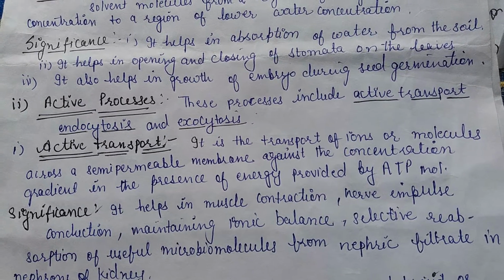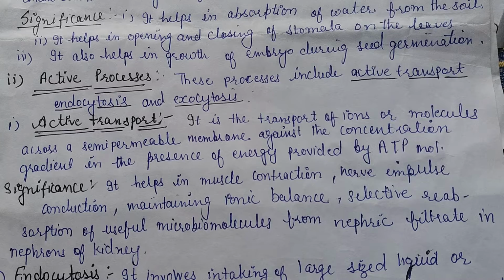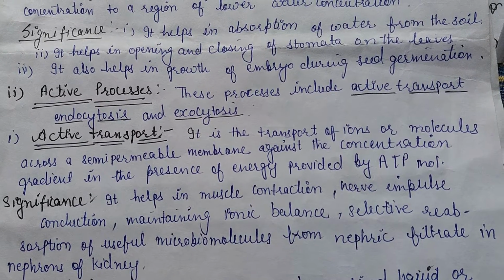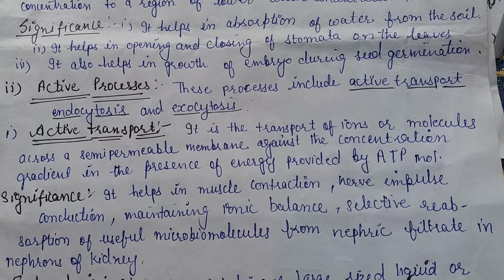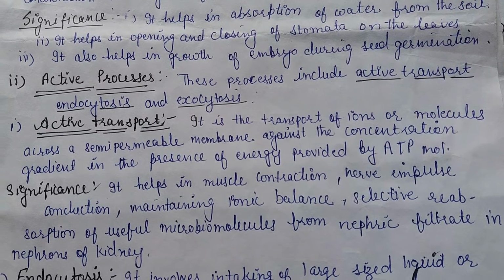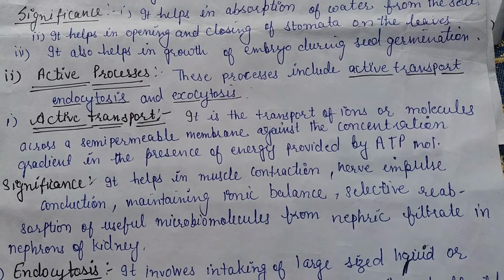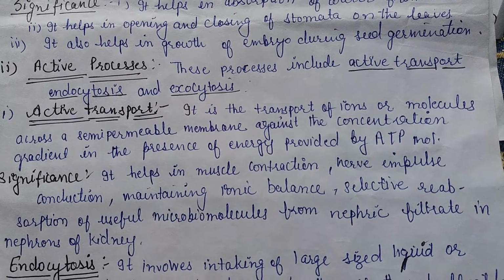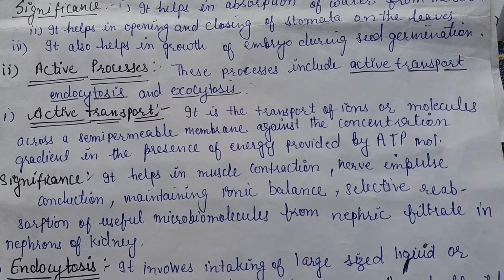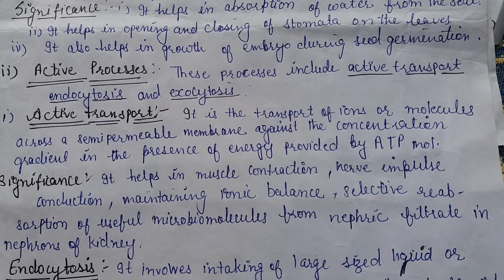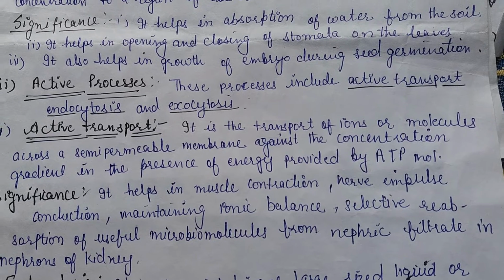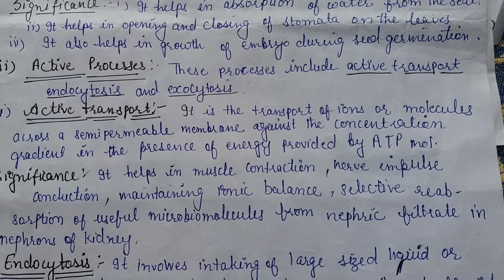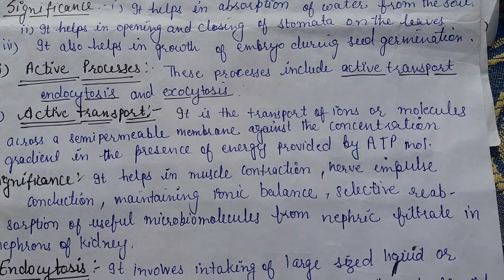Now, active processes. The active processes are active transport, endocytosis, and exocytosis. The first one is active transport. Active transport is the movement of ions or molecules through a semi-permeable membrane against the concentration gradient, and here energy is used. We obtain energy from the ATP molecule.